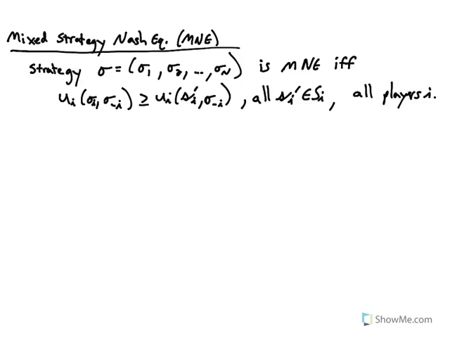All right. So again, as with pure strategy Nash equilibria, we only have to consider rationalizable strategies. So a non-rationalizable strategy could never be part of a mixed strategy profile in equilibrium. Okay. And an important result: there always exists a mixed strategy Nash equilibrium.